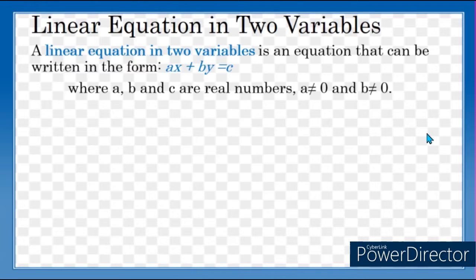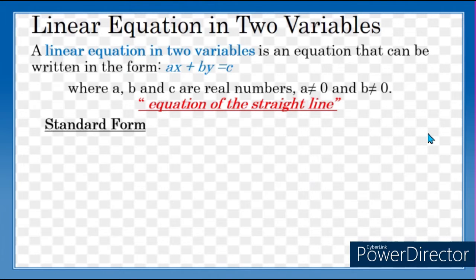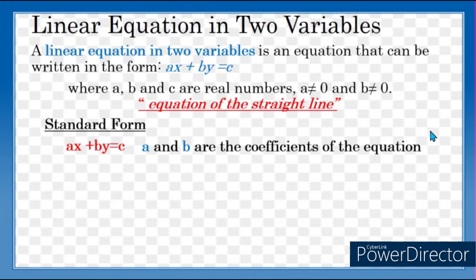And take note that a linear equation in two variables is also referred to as the equation of the straight line. And take note that the standard form of a linear equation in two variables is ax plus by is equal to c, and a and b are the coefficients of the equation and c here is the constant of the equation.